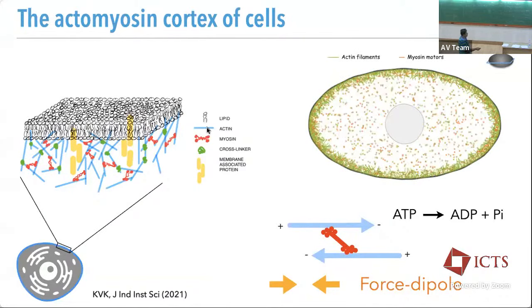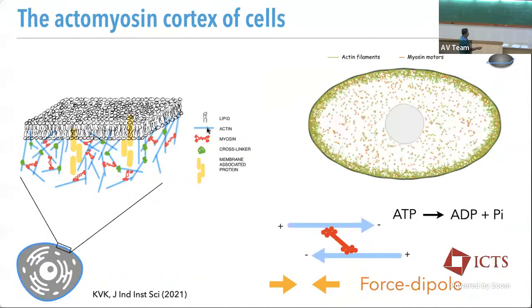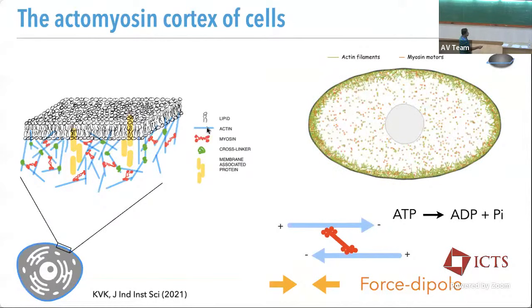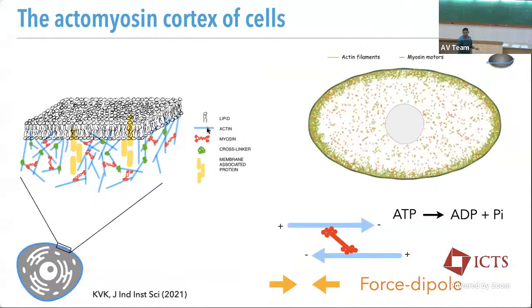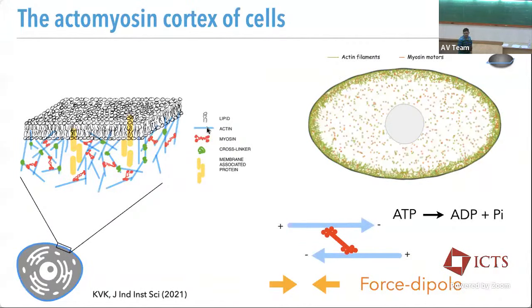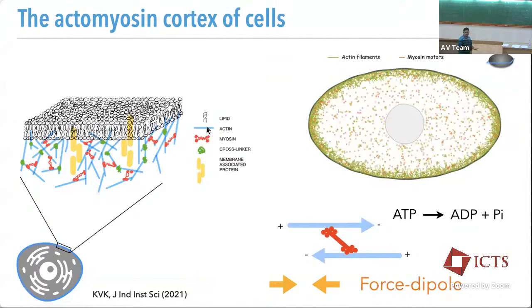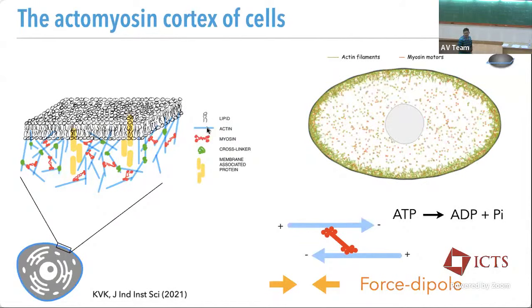It continuously exchanges material from the surface of the cell to the bulk of the cell. So there is a rate at which material can get bound to the surface or unbound from the surface. That's the turnover rate. That's the rate at which the material gets churned up on the surface. You can also think of it as a rate in which something dies and something gets born. It's like a reaction rate.